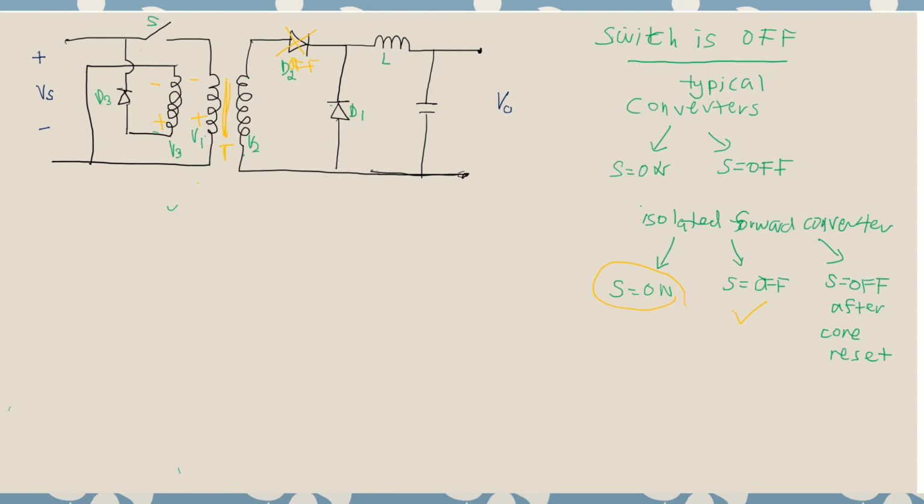Okay, all right, so what will happen here at the secondary? Now the D1 will be on and the IL flows through the diode D1. Okay, so let's have a look at the equations.